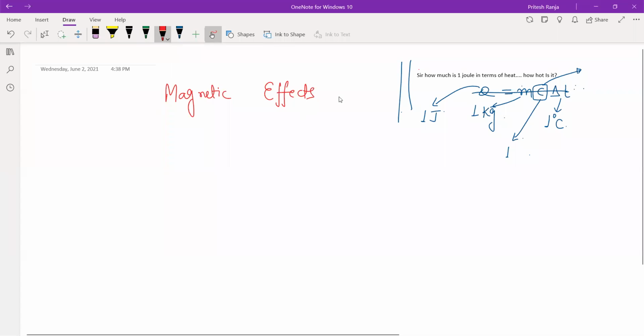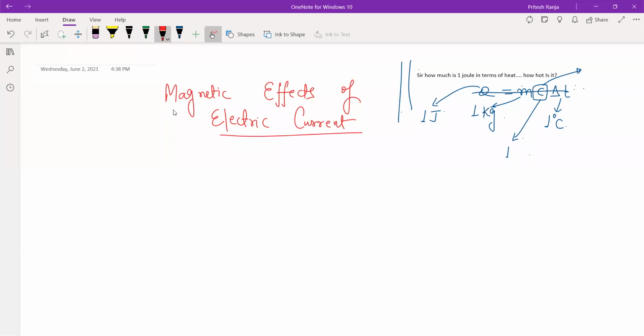Okay, so let us start magnetic effects of electric current. Yes, different objects means different types of objects, different materials.